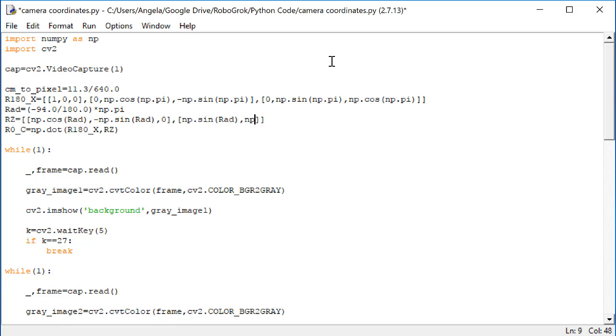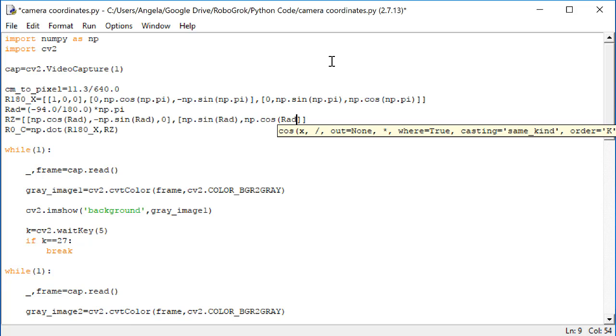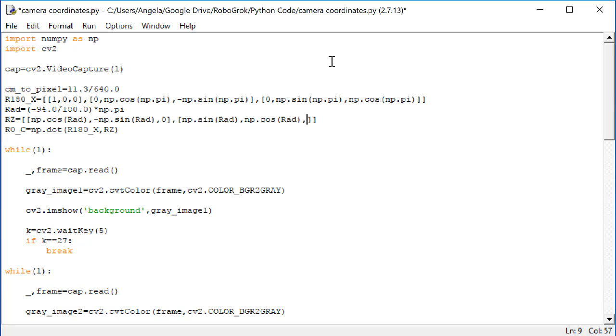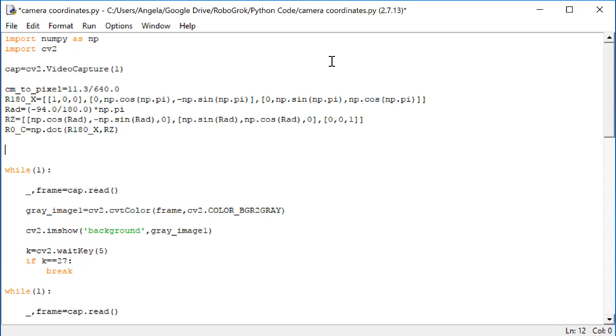The second row is sine, cosine, 0. And the third row is 0, 0, 1. All right, so now we've got our R0C matrix.